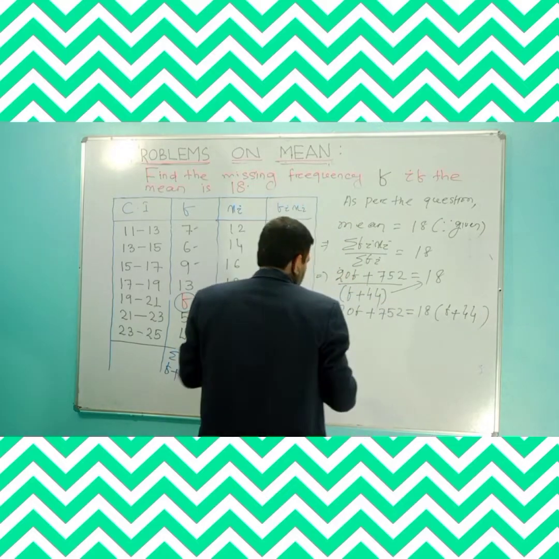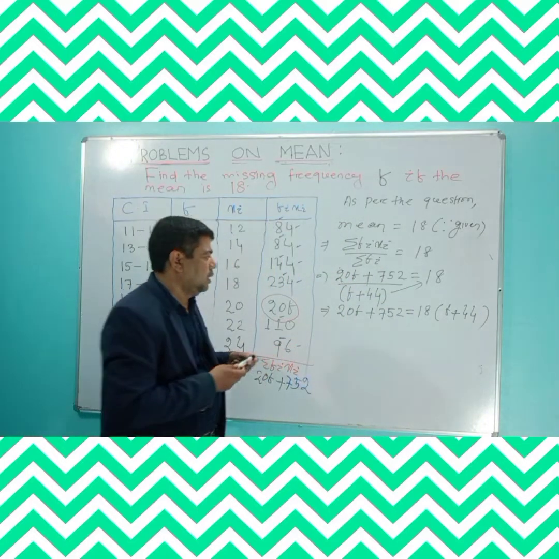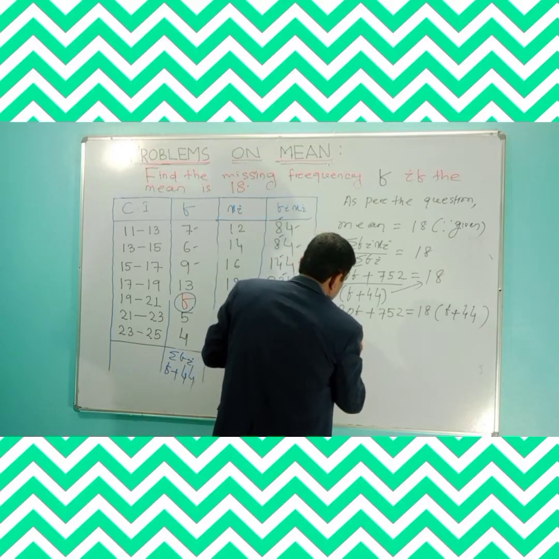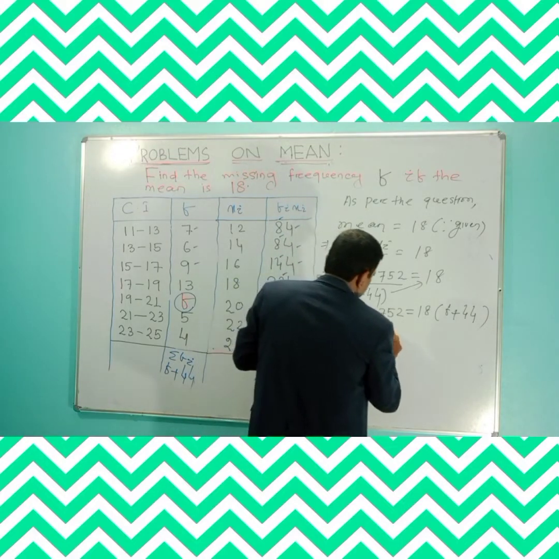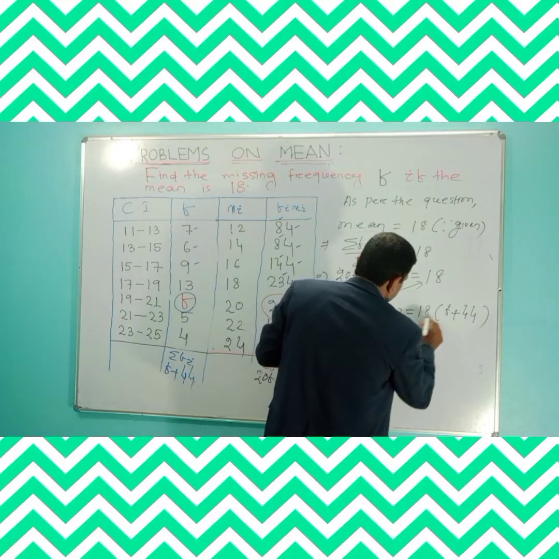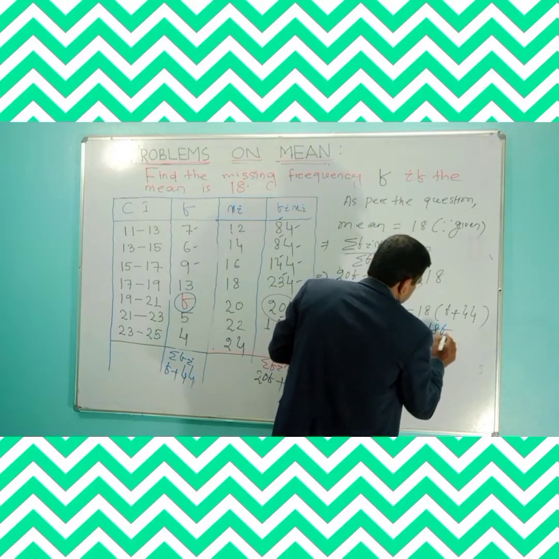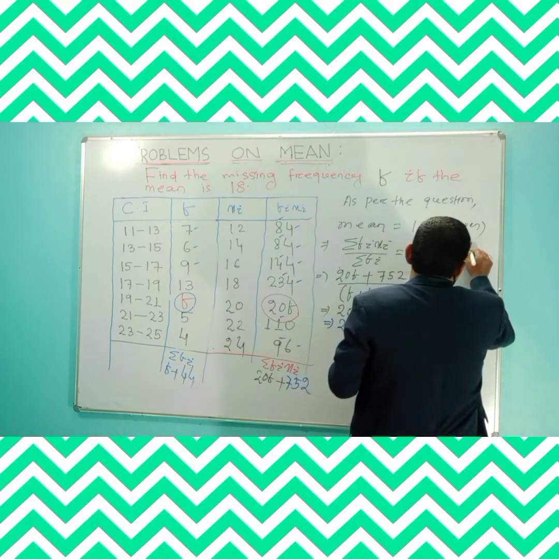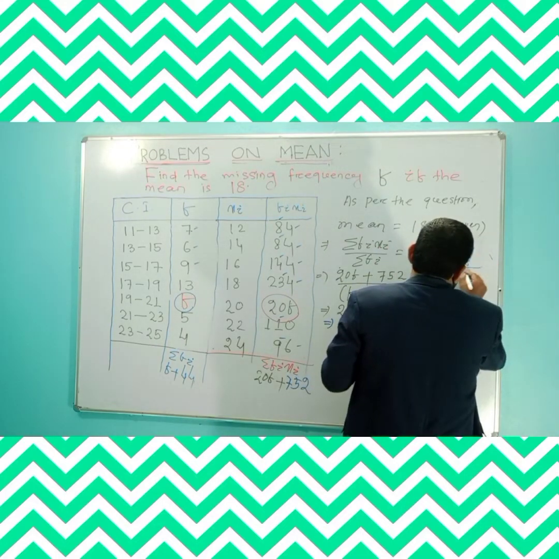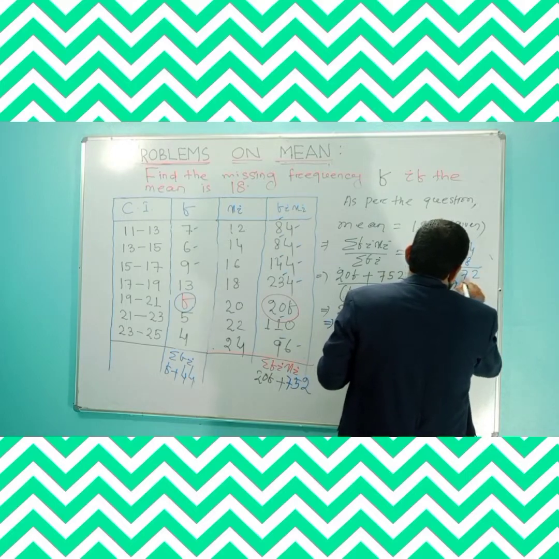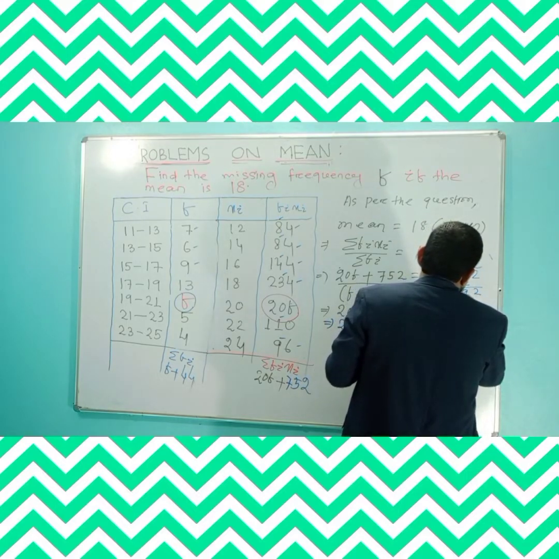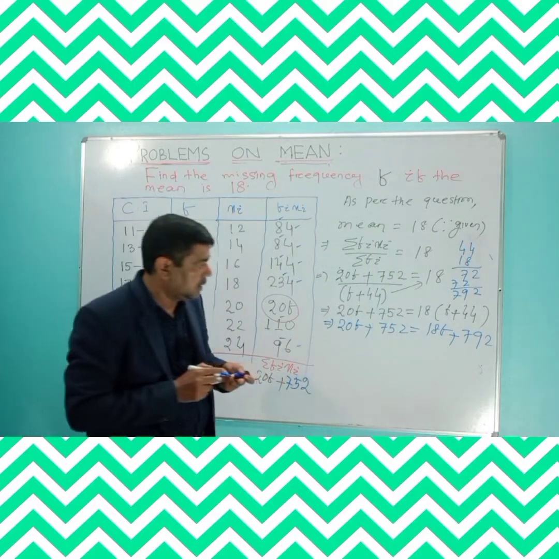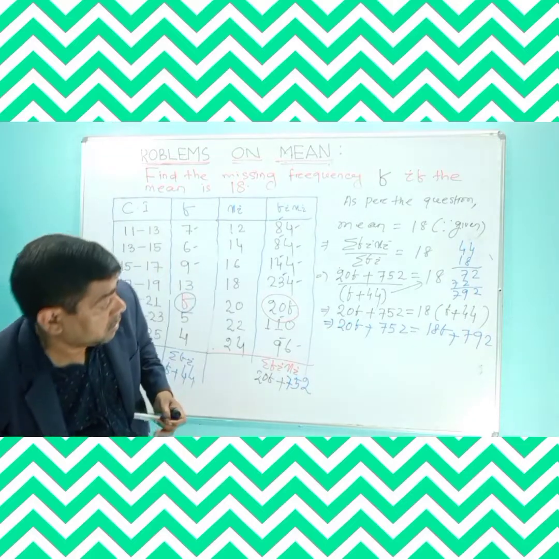Then you can write 20f plus 752 is equal to 18f plus 18 into 44. 44 into 18: 18 fours are 72, carry 7, and 18 fours... the total is 792. Is it clear?